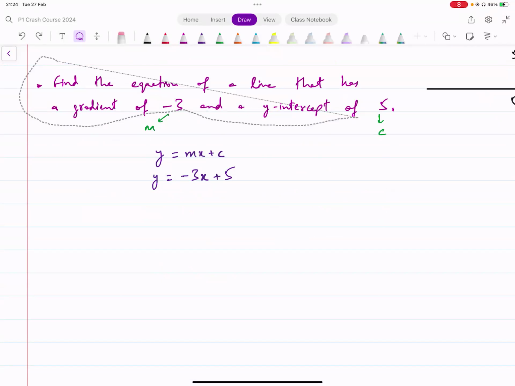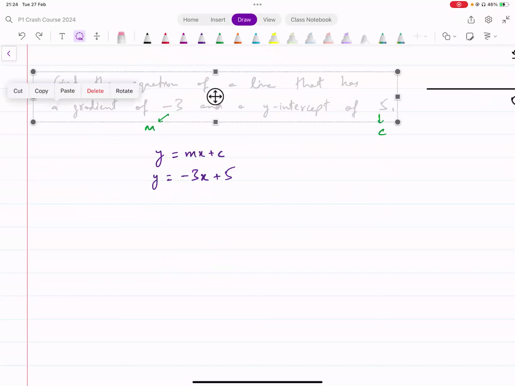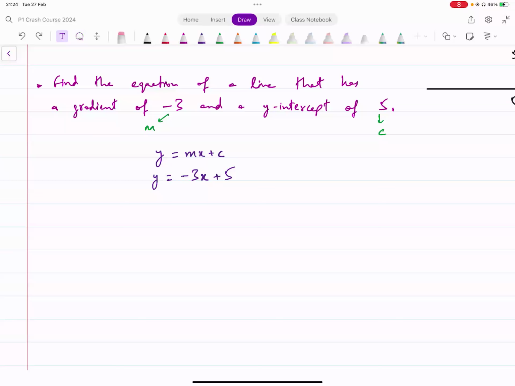Now, if you did not have the y-intercept given, instead you had another point given, what would you do in that case?